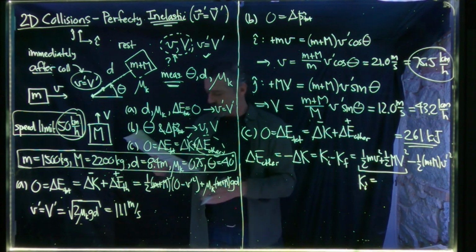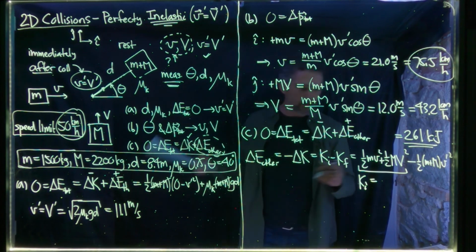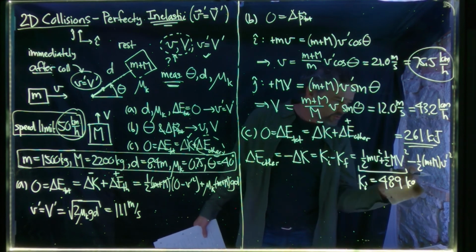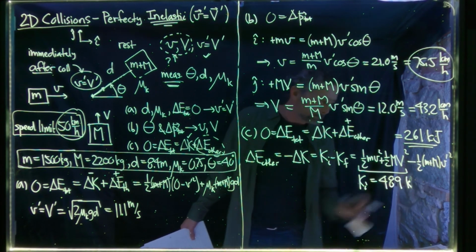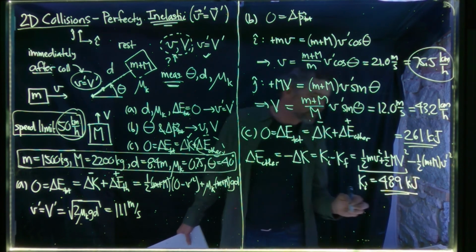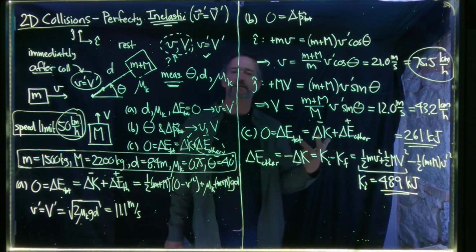We know those two velocities and those masses, so we crank that out, and that turns out to be 489 kilojoules. Not kilogram, kilojoules. Great. Now this 261 kilojoules, we can give that some meaning.